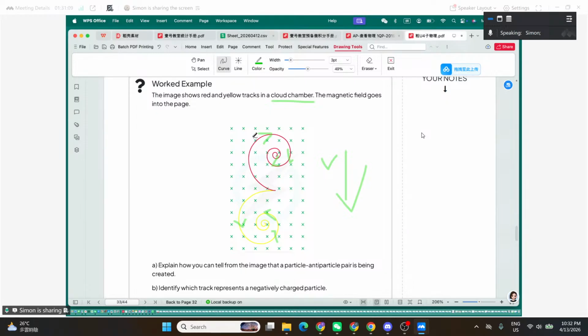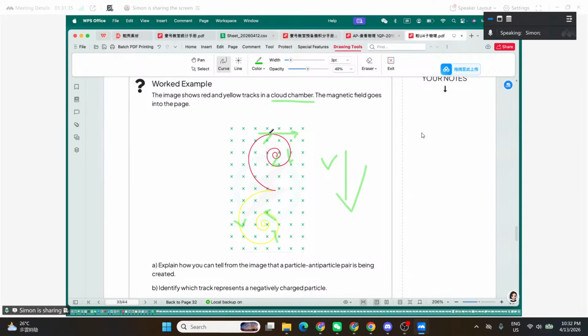Use Fleming's left hand. Take this tangent point, and we can know the motion direction is rightward.